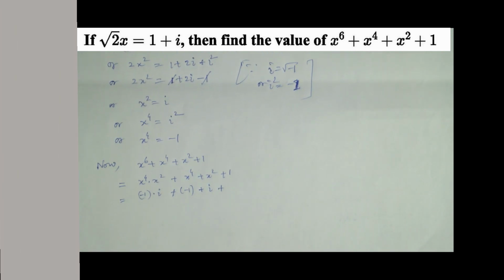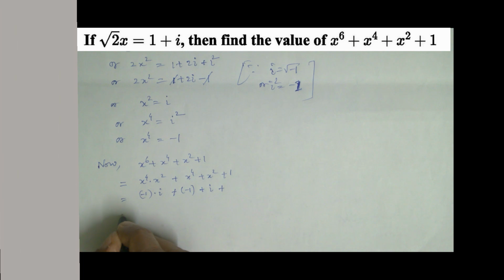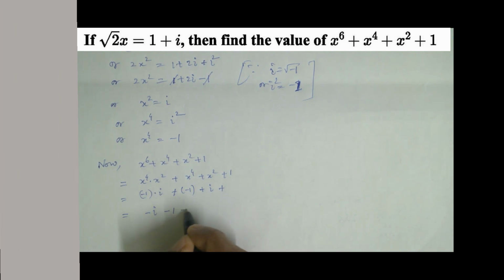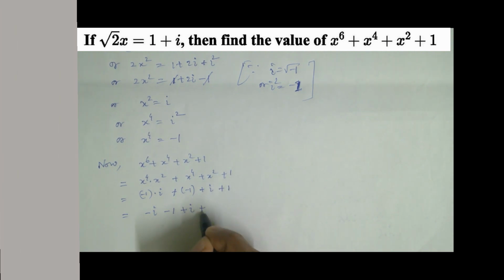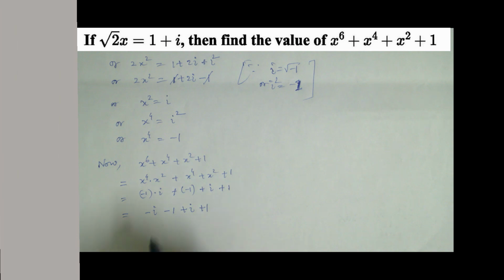Now simplifying more, that is equal to minus 1 into i, minus i, plus minus 1, plus i, plus 1. Minus i plus i will get cancelled, minus 1 plus 1 will get cancelled, so that is equal to 0.